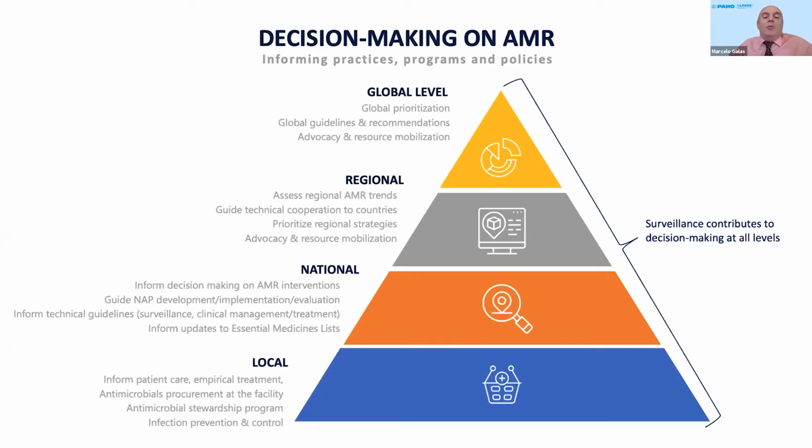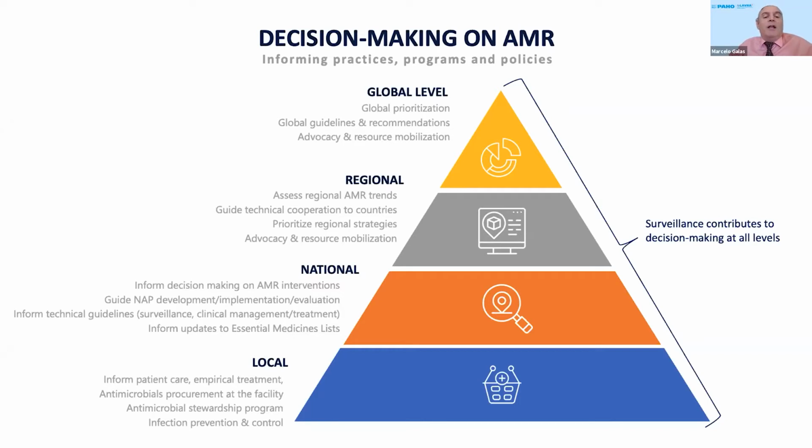We are doing surveillance in the region to provide information to the different levels: local, national, regional, and global. The information that we collect is useful for all the levels. At local level, it is used for inpatient care, empiric treatment, antimicrobial procurement at the facility, antimicrobial stewardship programs, and also for prevention and control activities at the hospital.